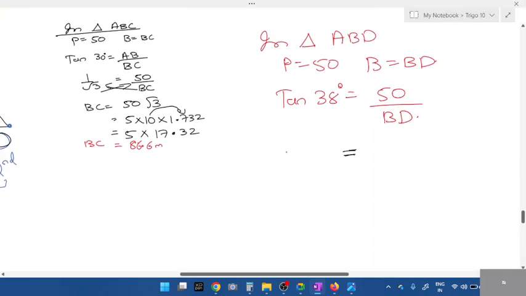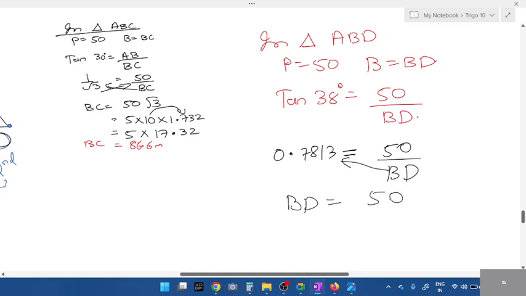Can you tell me the value? 0.7813 is equal to 50 divided by BD. If you want to find the value of BD, what happens to 0.7813, students?